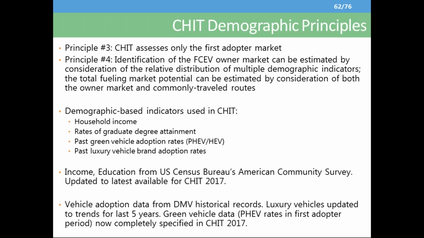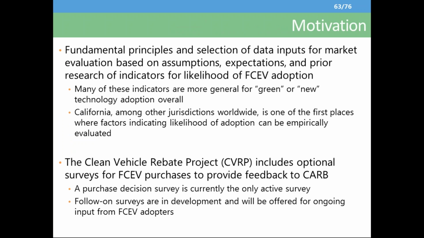This is a data set that probably is not going to change in the future because we specifically want to look at first adopters of these vehicles, and there's a specific time period that we consider for that, which I believe we've used the first 8 years as that indicator for those two different types of vehicles. Next slide.